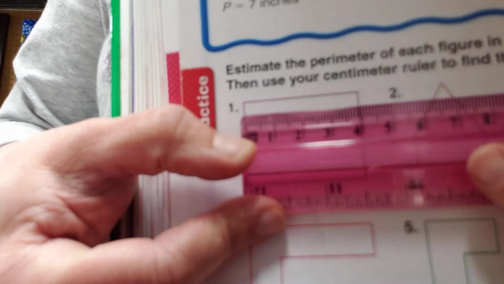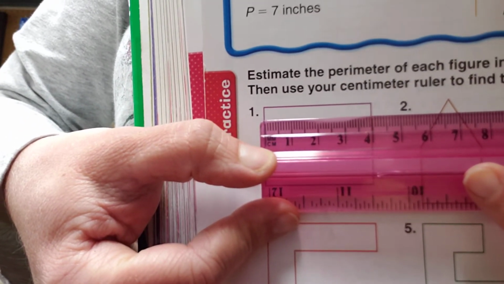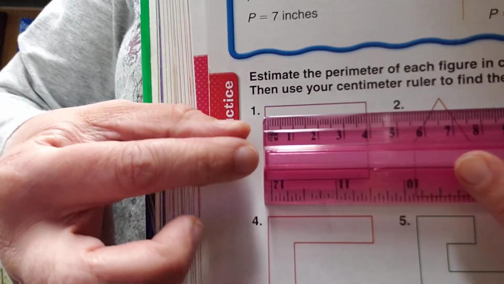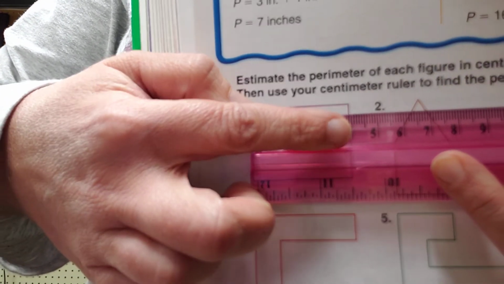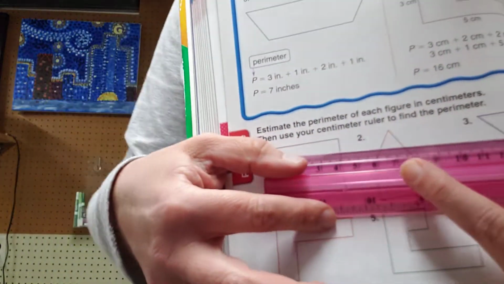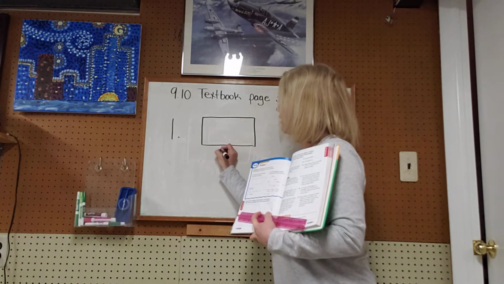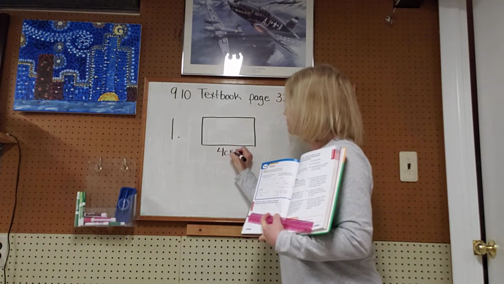And if you see that I've done that, you will see that the length goes over to 4. So the length is 4. Let's write that on our board. So the length of it is 4 centimeters.